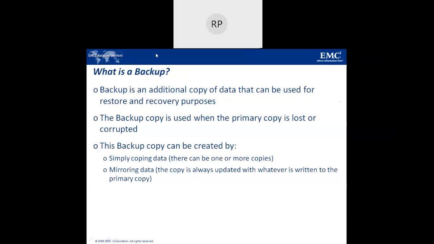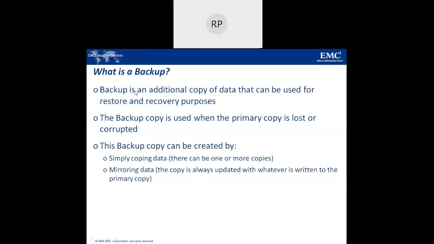That is, we take an additional copy of data that can be used for the restoration and recovery process, and the backup copy is only used when the primary copy is lost or corrupted. Until that point, you are not going to use this backup copy. Whenever the primary copy is lost or corrupted, only at that time you are going to use this backup copy of your data.